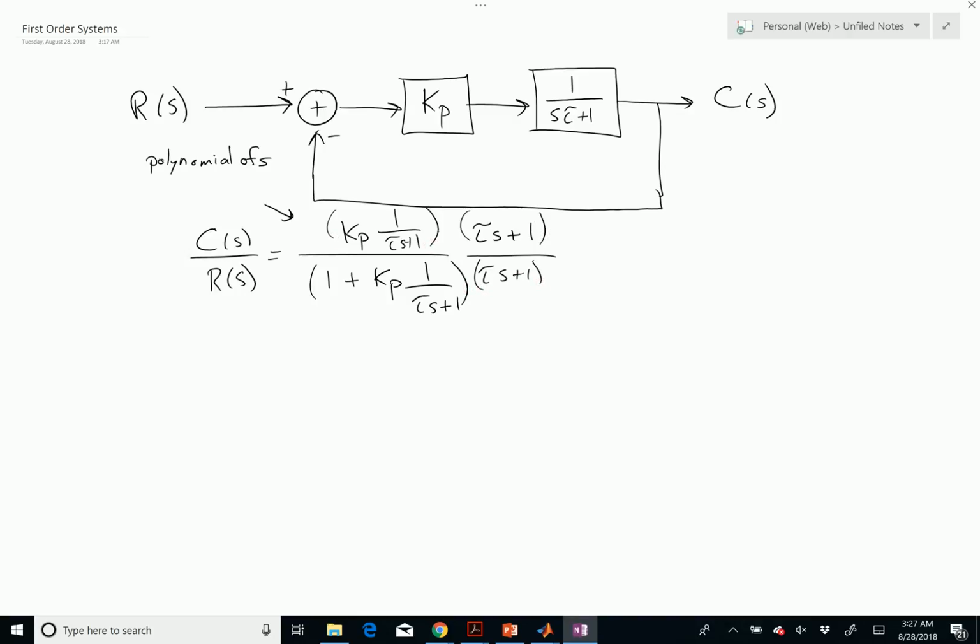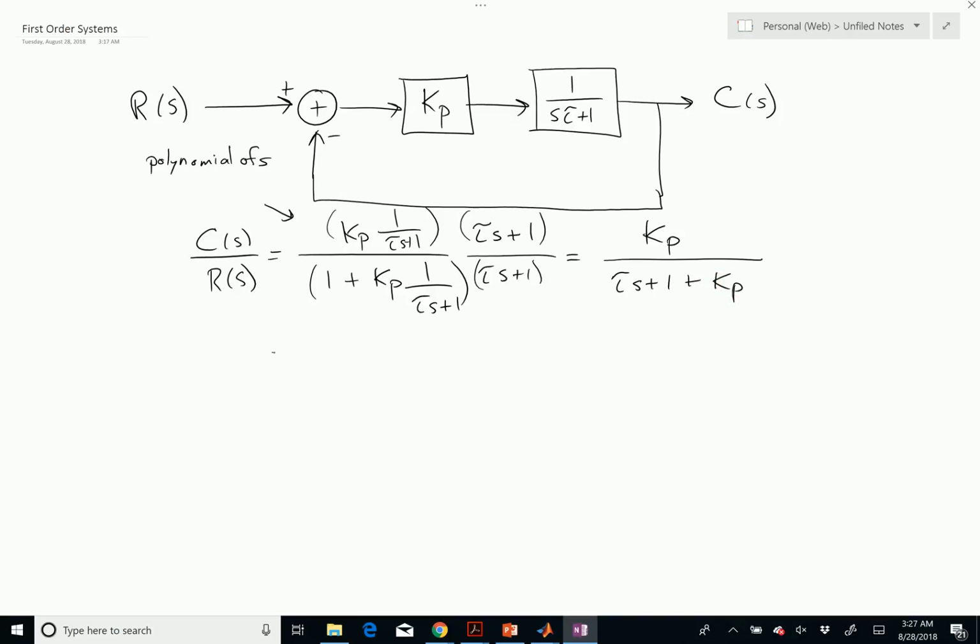Like that. I multiply everything through like that. What that becomes, Kp over tau S plus 1 plus Kp, like that, okay?